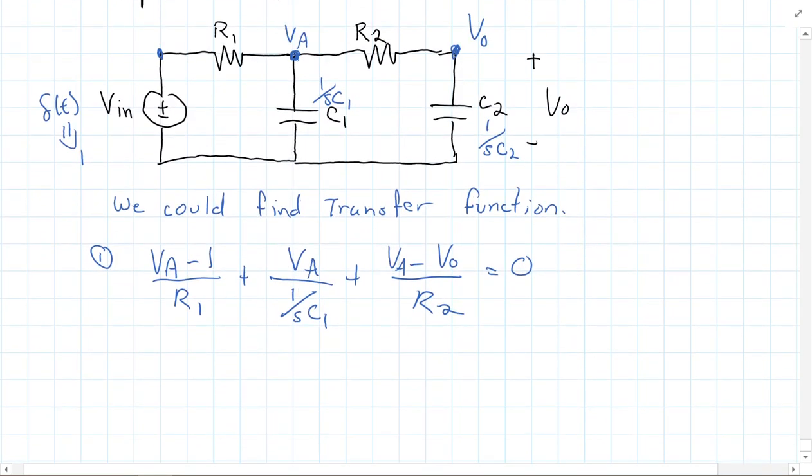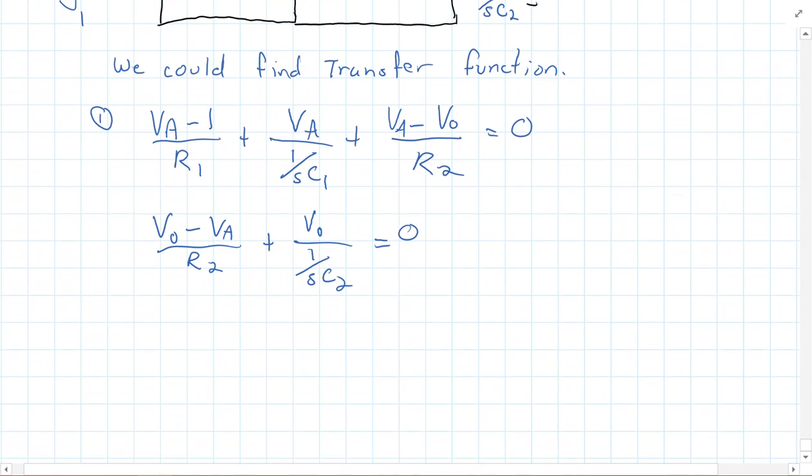And then you'd also have V out minus VA over R2 plus V out over 1 over SC2 equals 0.